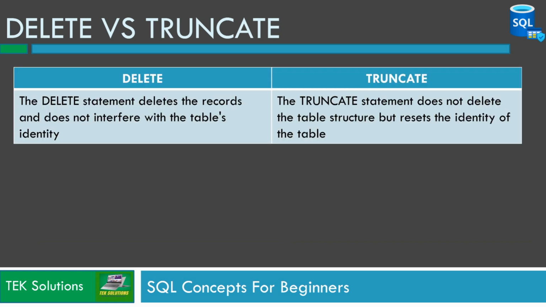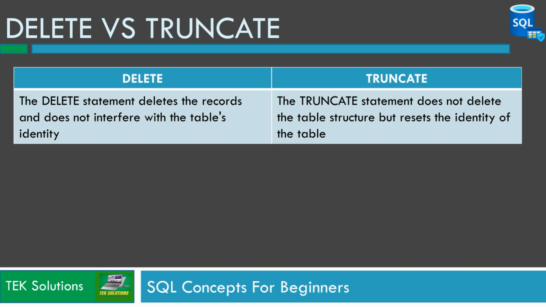Next, the delete statement deletes the records and does not interfere with the table's identity. So a table will be stored as it is, will be there as it is while we are using the delete statement. Whereas truncate statement does not delete the table structure but resets the identity of the table.